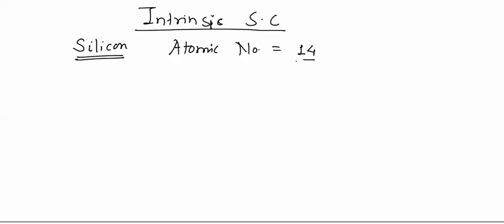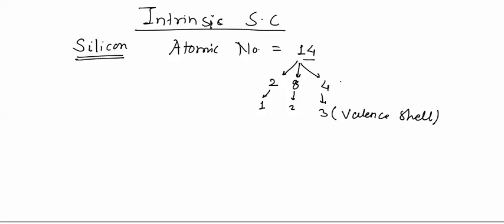Out of these 14, 2 electrons will be in the first shell, 8 electrons will be in the second shell, and 4 electrons will be in the third shell called the valence shell. These 4 electrons are called valency electrons.